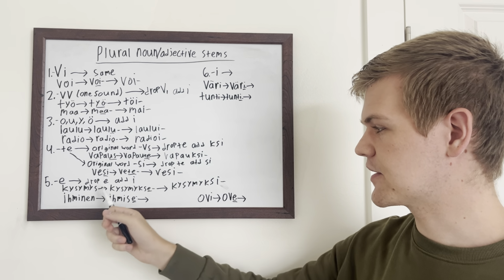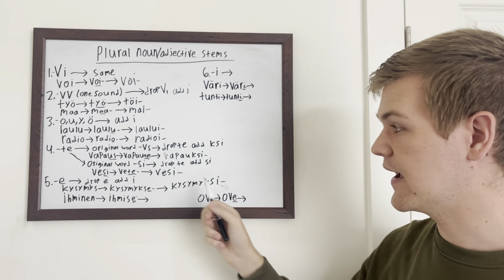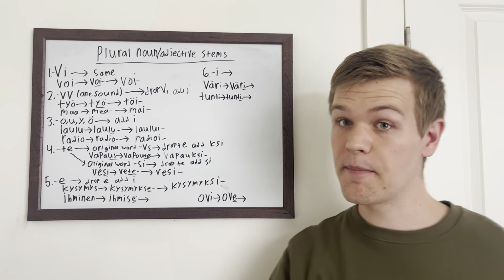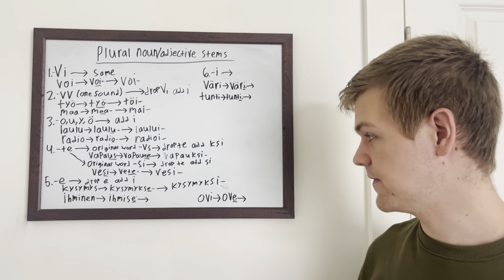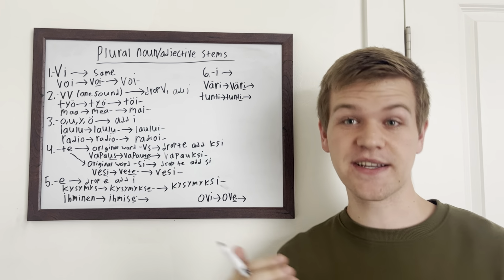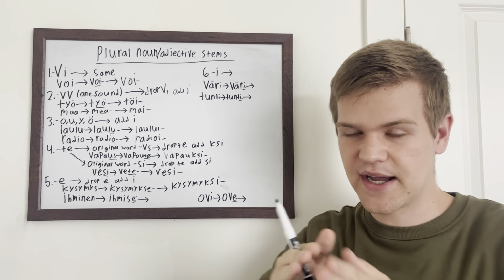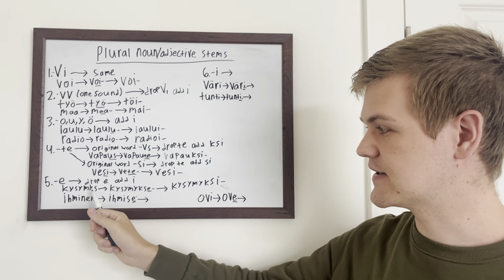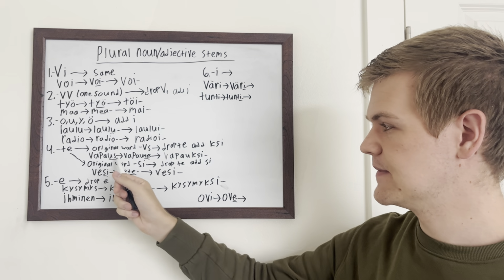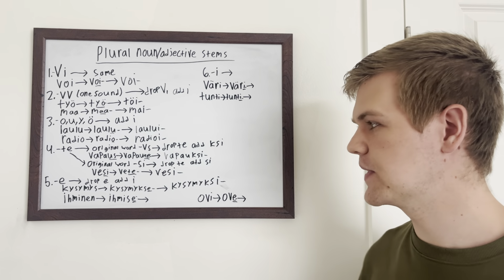If you're finding the plural stem, both of them are going to end up as ending in KSI and replacing the S. So vapaus goes to vapauksi, and kysymys will go to kysymyksi. So that's kind of a nice shortcut. When you are specifically trying to find a plural stem, you can kind of cut out the middleman. When every time it's a vowel S, then you can just take it to KSI. So that can kind of help a little bit.